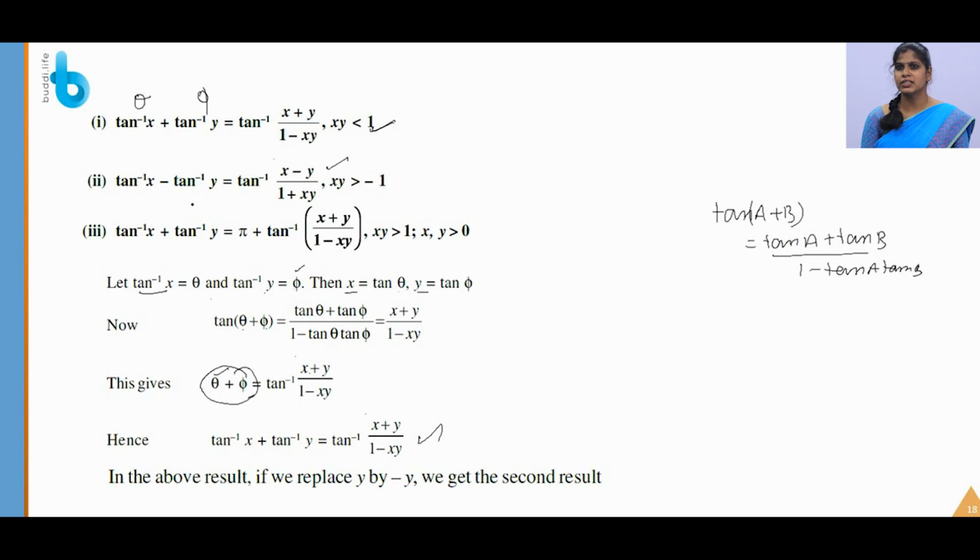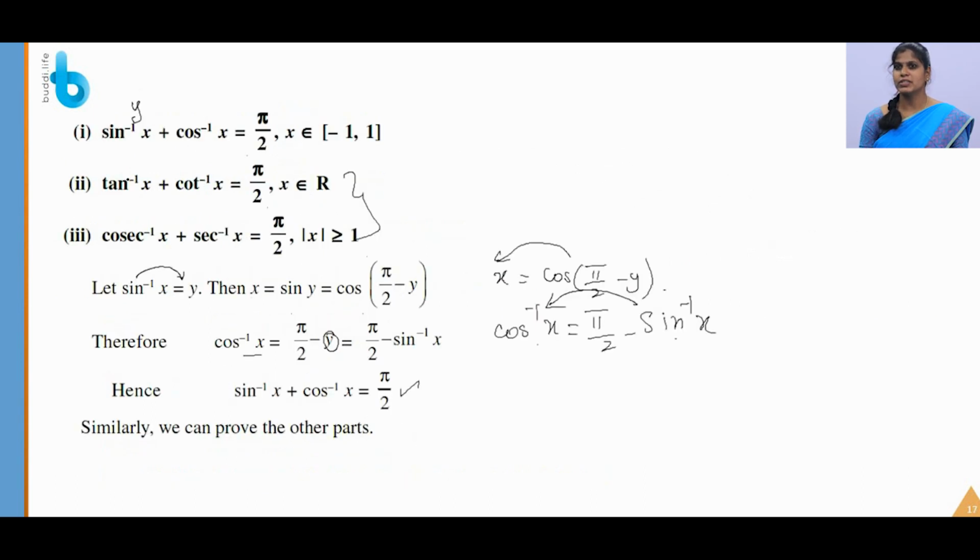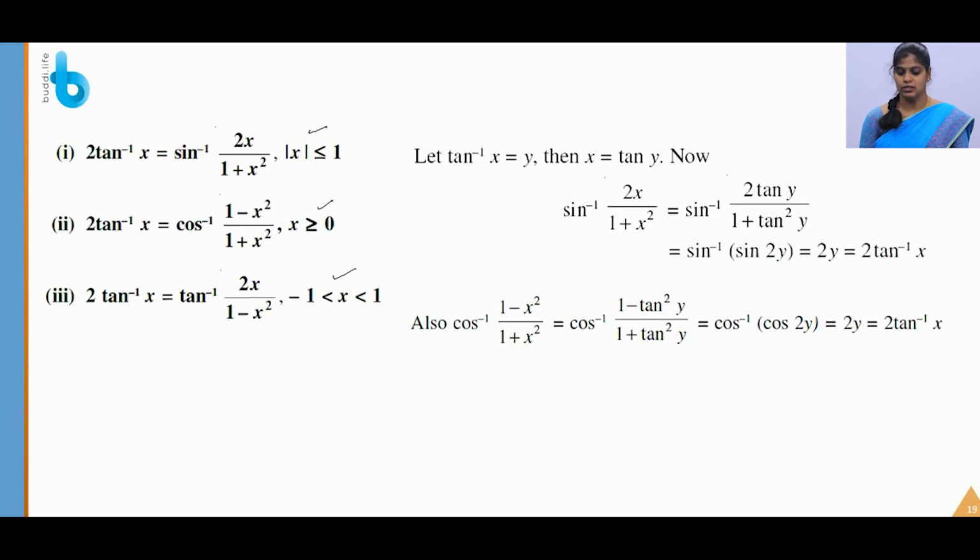Here we just learned tan inverse x plus tan inverse y in this format, and previously we learned the addition of two inverse functions. Like that, you always group the properties by using some similarities, and then it will be easy for you to memorize and to remember.